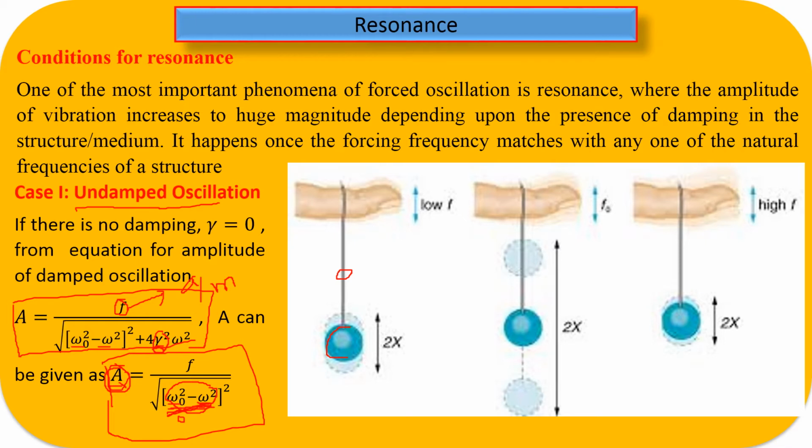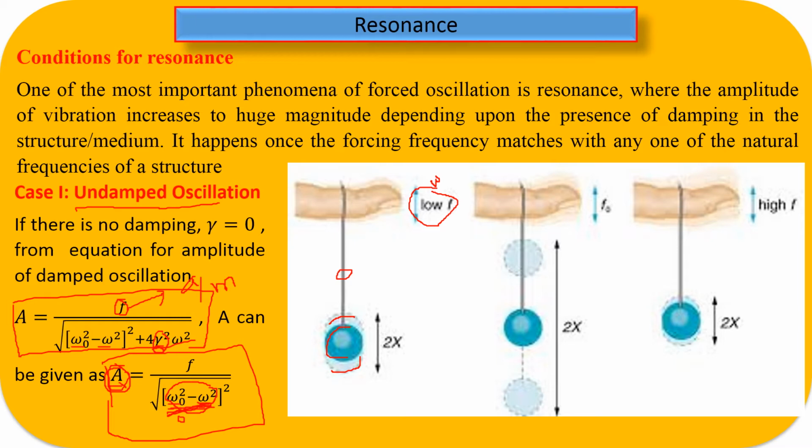Let us suppose initially you give a very small frequency, that is, omega is very small. Then this is the amplitude that you can see here, it goes up to here, similarly it comes over here. So this is 2x, that is x going up, x going down.